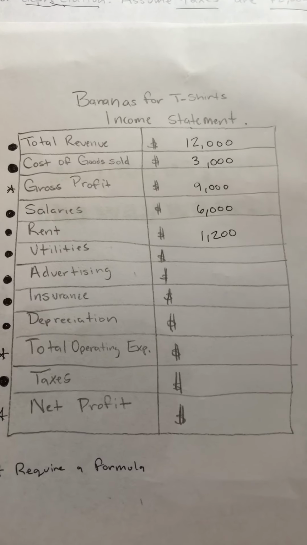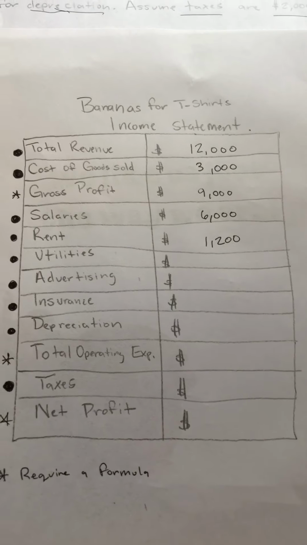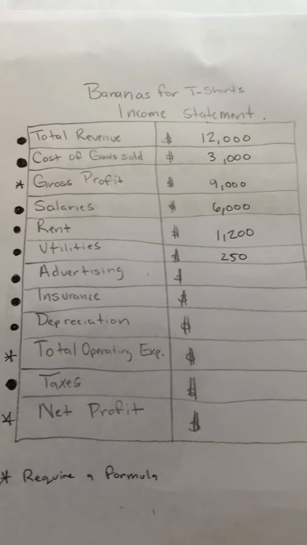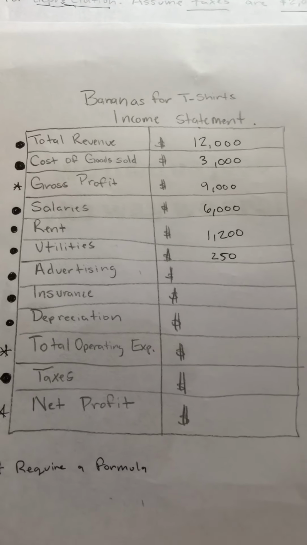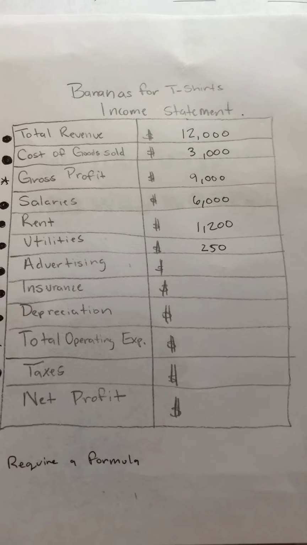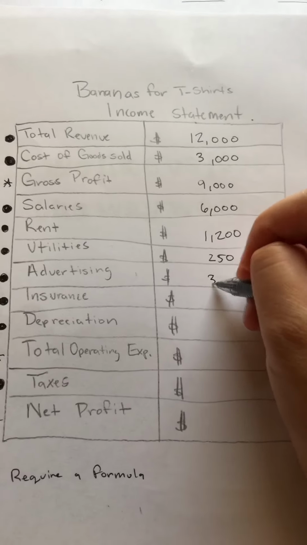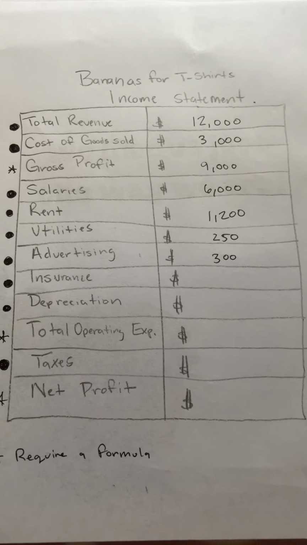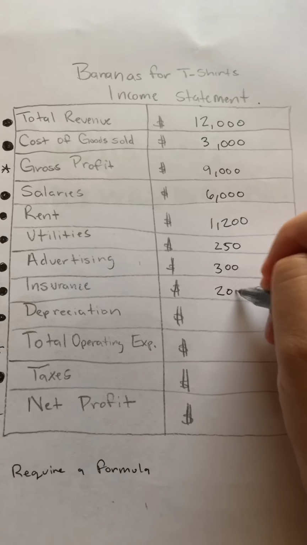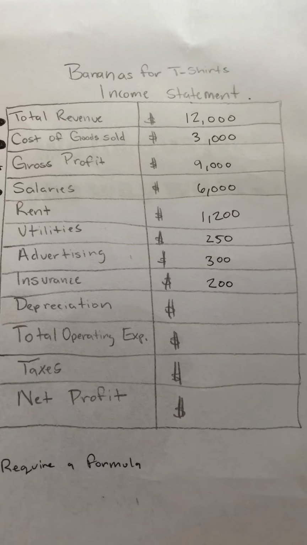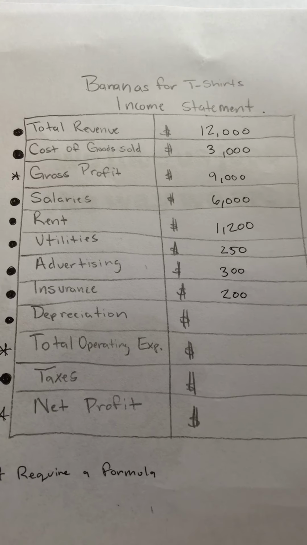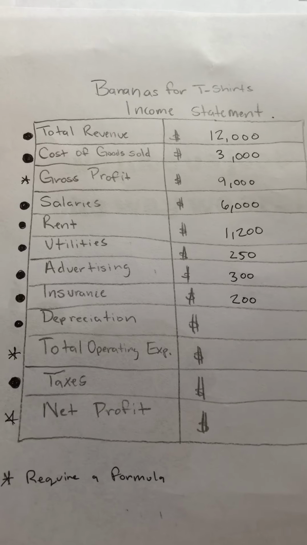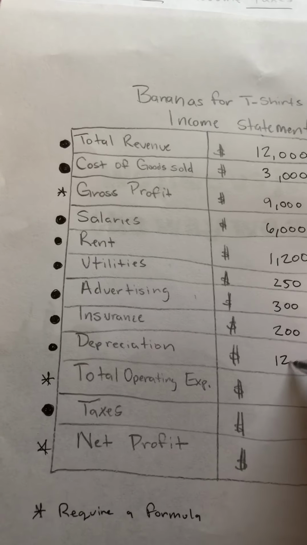And then utilities, we have our $250 a month. Next, we have advertising. For advertising, it says they spend $300 a month. Insurance is $200 a month. And depreciation is allocated for $120 a month.